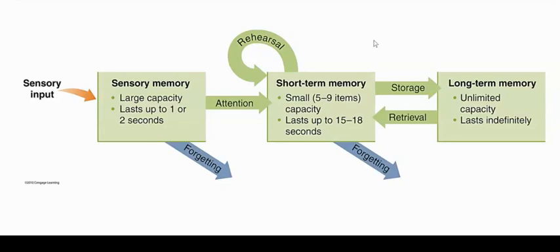Large capacity, that's kind of found in those classical experiments, inferred from George Miller's experiments in the 60s. During that time, there was this so-called cognitive revolution, the cognitive psychology movement in the USA. There were so many experiments concerned with sensory memory and short-term memory, and his was one of those.